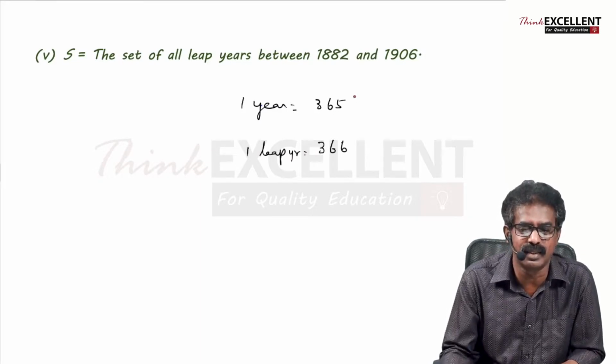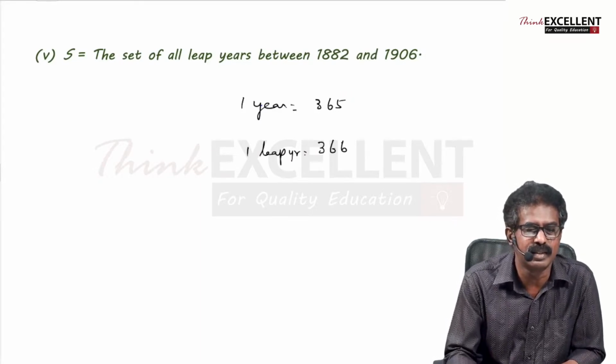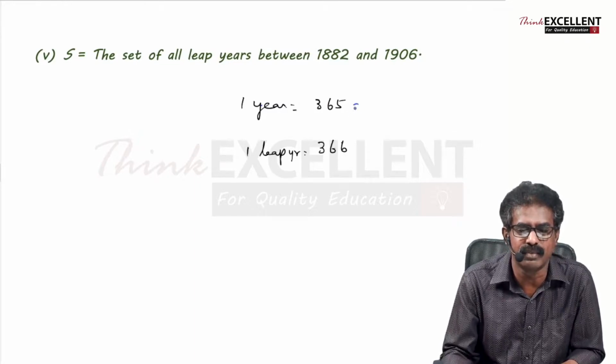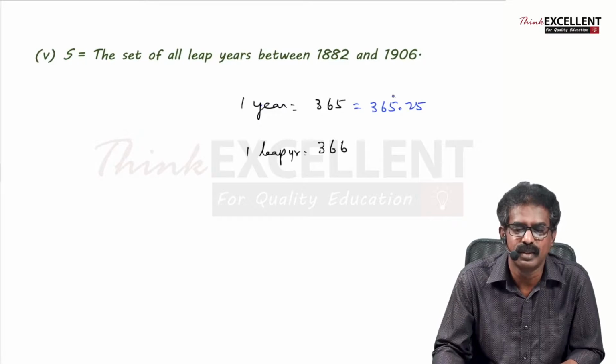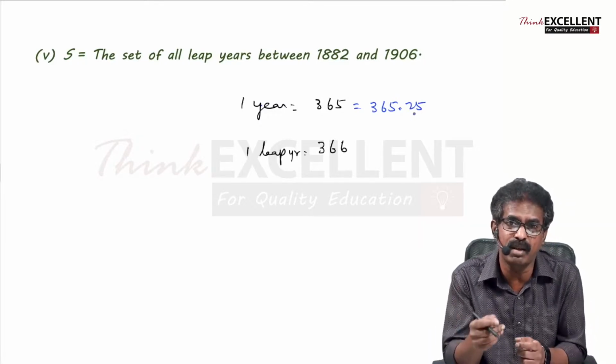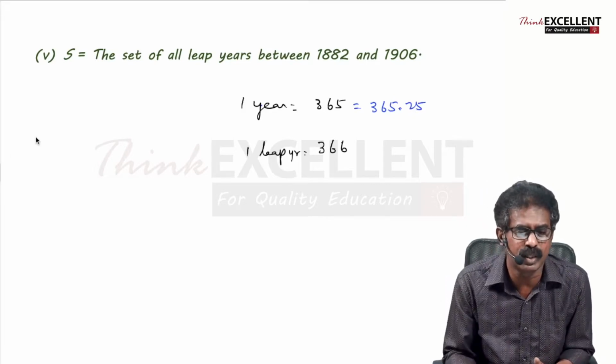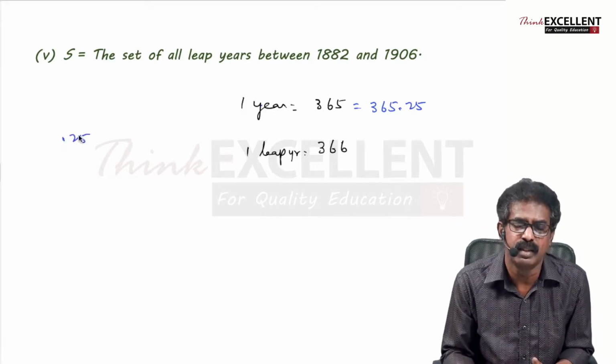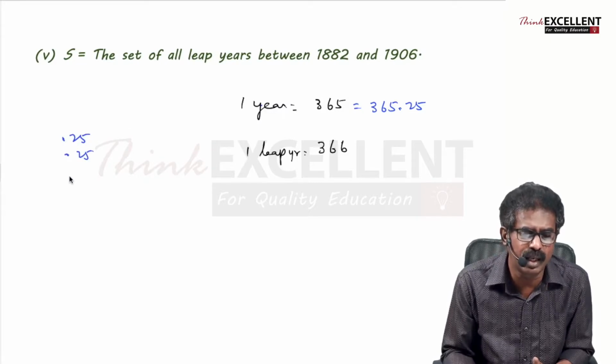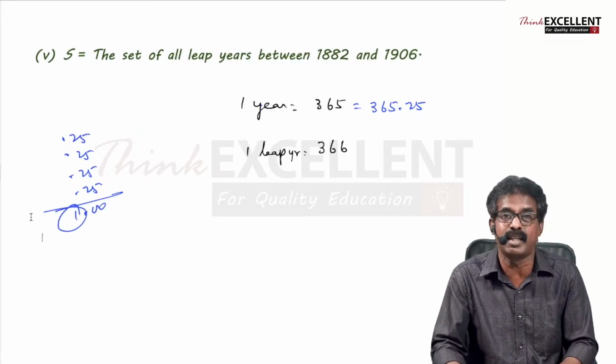It is not 365, it is 365.25. That small 0.25 we are leaving becomes a bigger number after 4 years. Each of the four years we leave 0.25; if you add all of these, you get 1 full day.